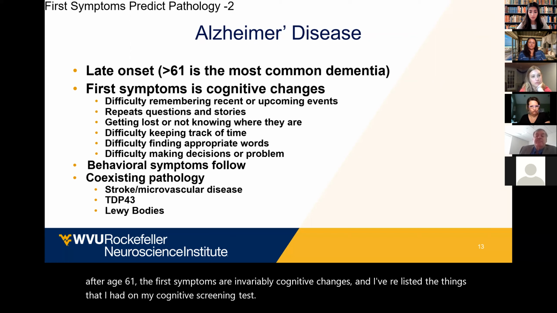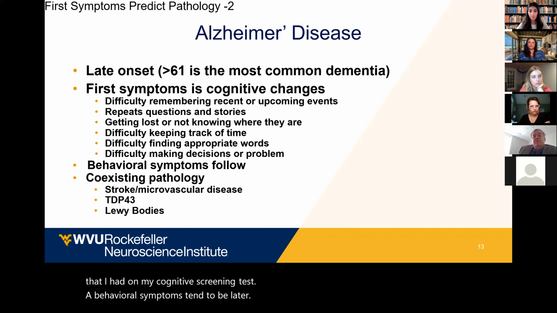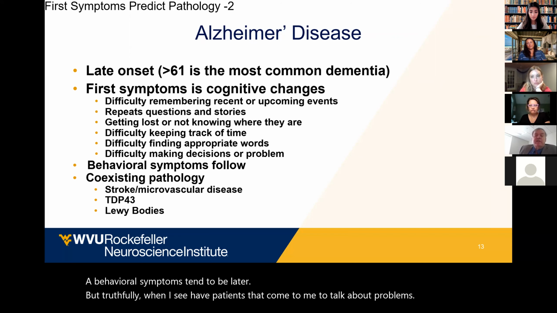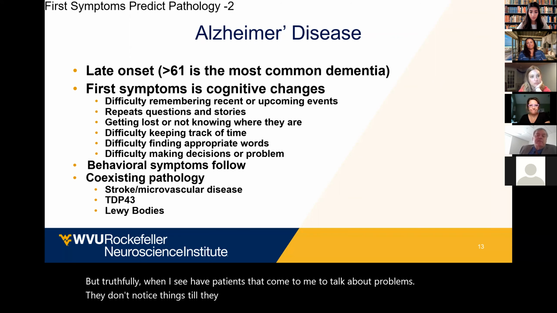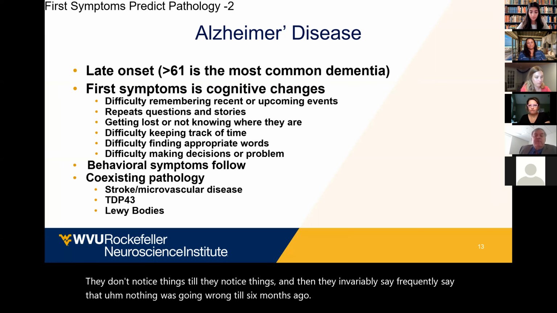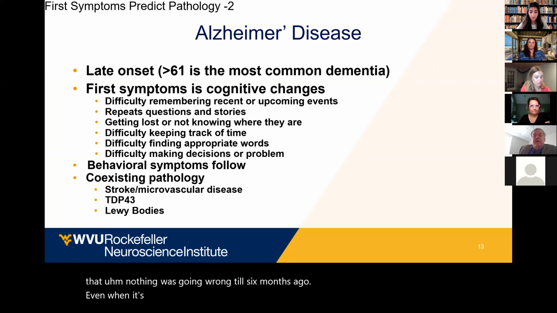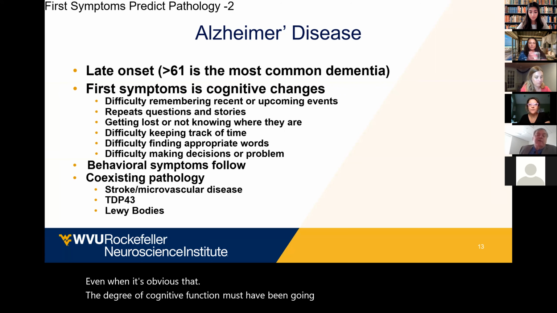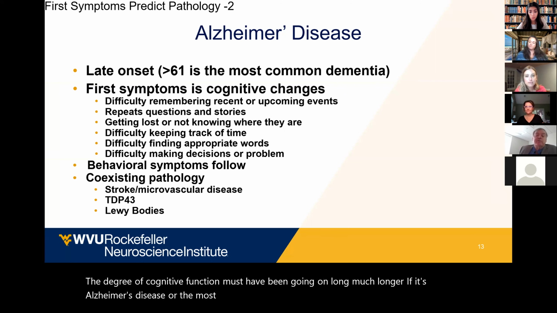Behavioral symptoms tend to be later, but truthfully, when patients come to me to talk about problems, they don't notice things till they notice things, and then they frequently say that nothing was going wrong till 6 months ago, even when it's obvious that the cognitive changes must have been going on much longer if it's Alzheimer's disease or the most common neurodegenerative disorders.